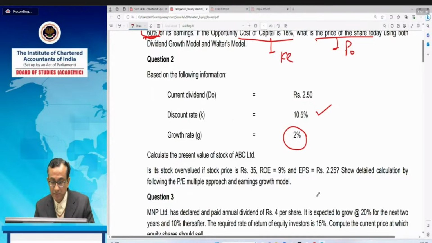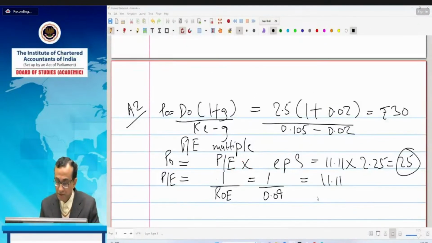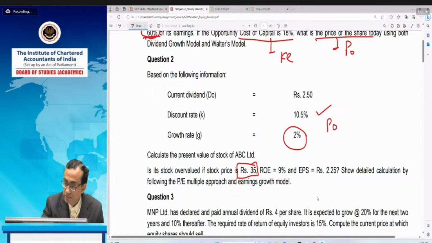We compare it with the current market price. The current market price is 35. And in this approach, the P0 is coming to 25. So what is this P0? P0 is also called the intrinsic value.